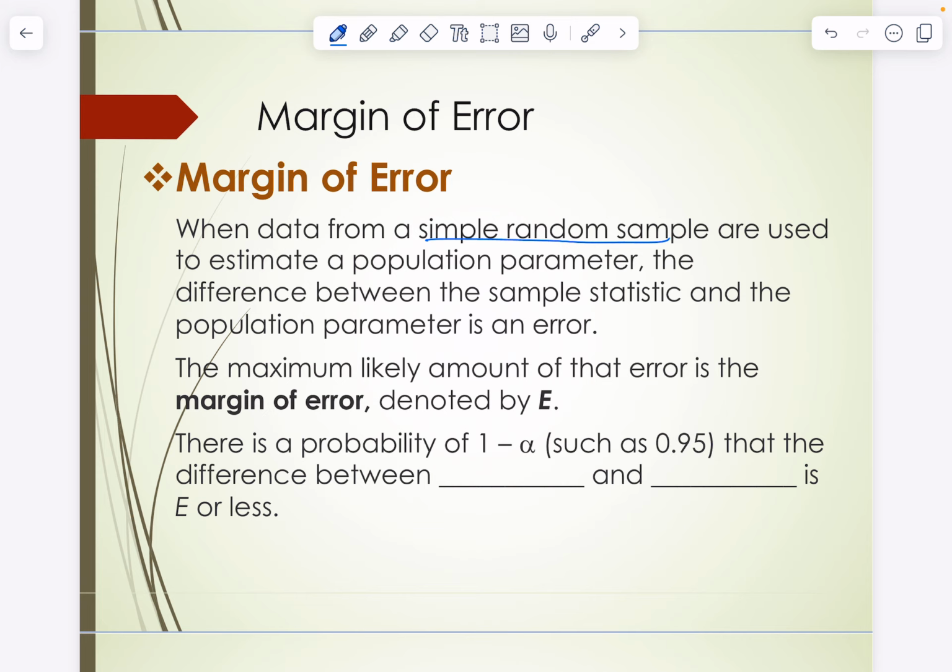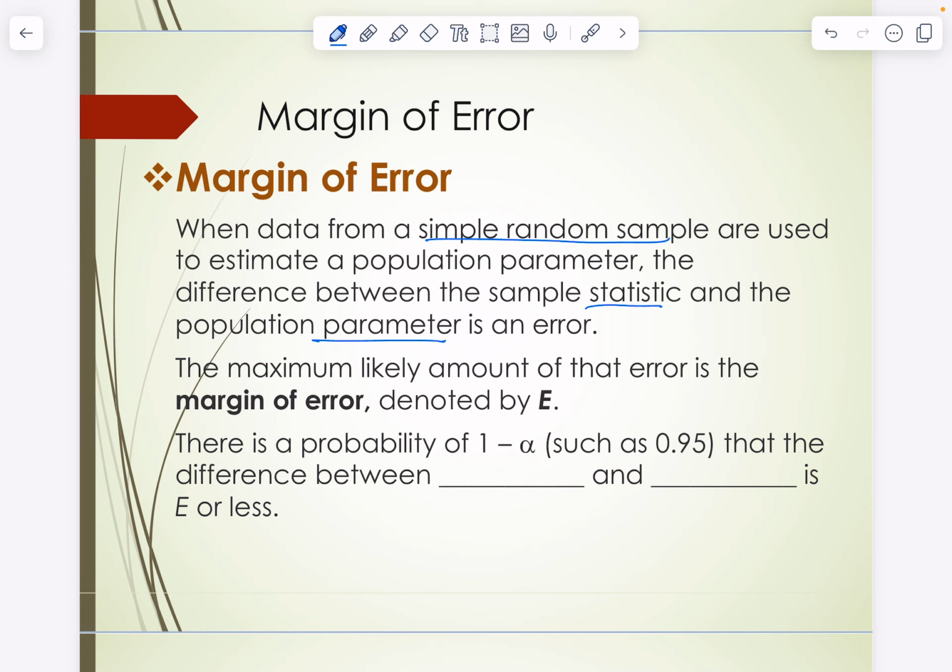Okay, so the difference between the statistic that we calculated and the proportion that we would like to know is an error. The maximum likely amount of that error is the margin of error.